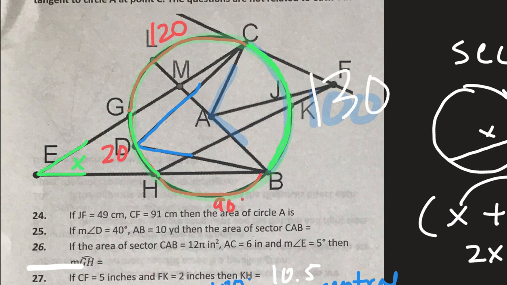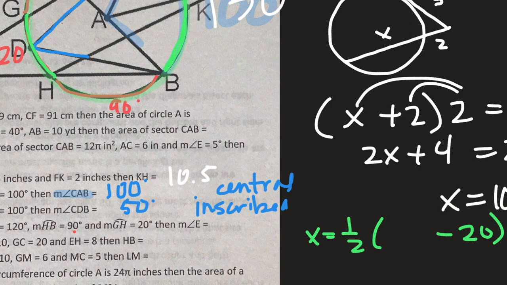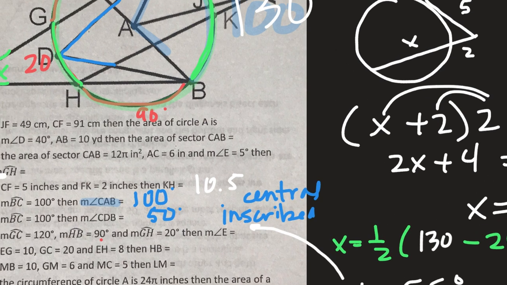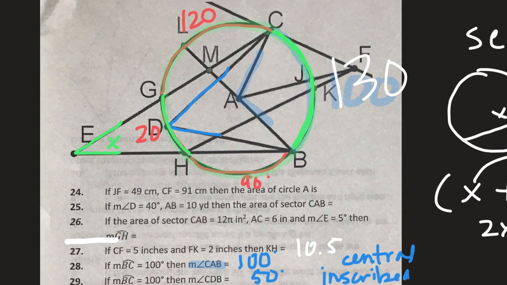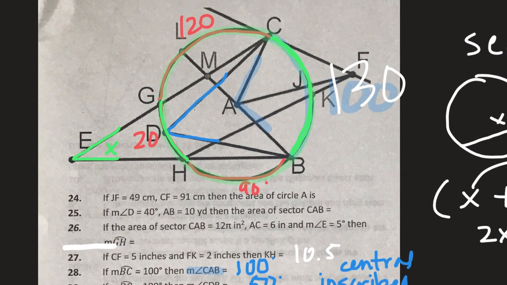For this problem, arc CB is 130. So 130 minus 20, that's 110. Half of 110 is 55 degrees. So that's the answer for the measure of angle E, 55 degrees. Okay, let me erase and we'll start the next one.